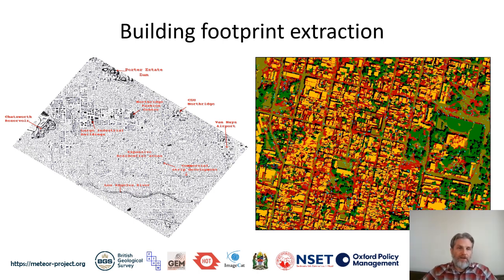Building footprint extraction. This is a more standard, typical use of remote sensing data. It's very powerful in one sense, but not so powerful in another sense. There's loads of information. There's loads of papers and so forth that you can find online about what algorithms to use with this regard.